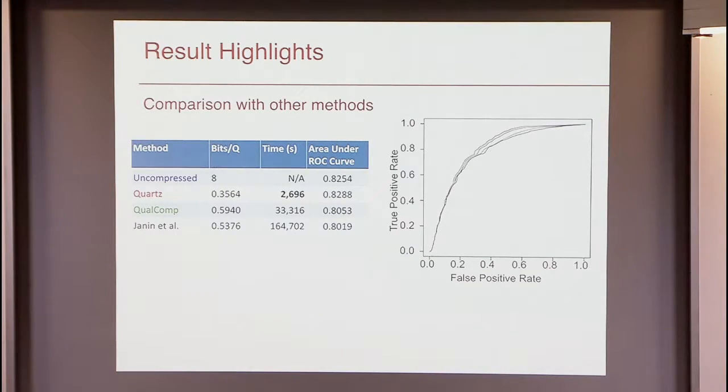So if we can remove bits that are used there and use those bits for the quality scores that actually carry information, then we expect to be able to do at least as well. So I guess a meta lesson here is that the real signal we care about is not quality scores at all. It's the underlying sequence.